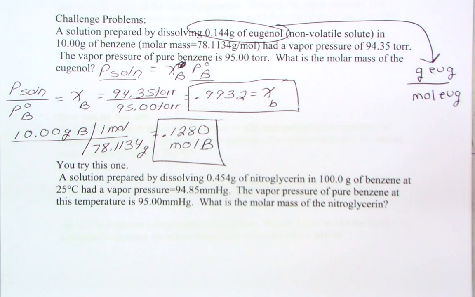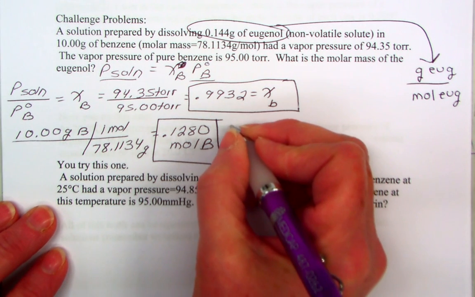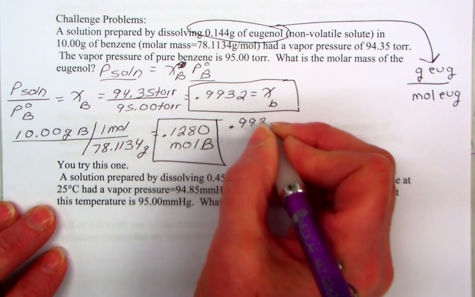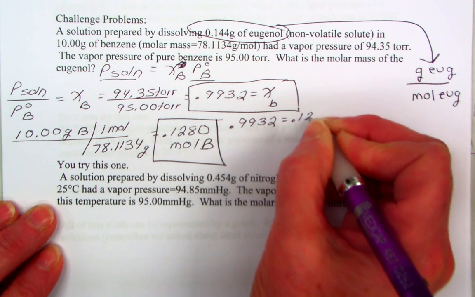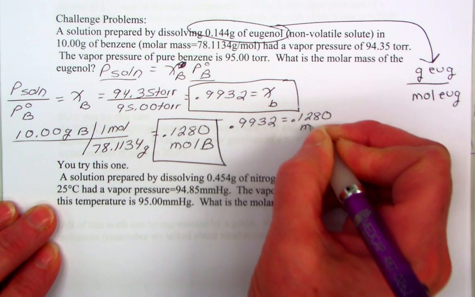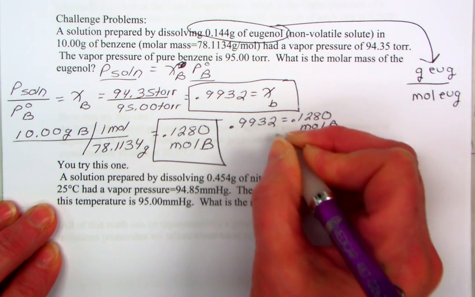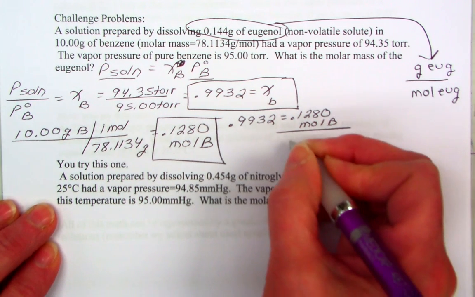And I know the mole fraction of benzene. But what I want is the moles of eugenol. So how can I use the mole fraction and the moles of benzene to find the moles of eugenol? This is the challenge part. I know that 0.9932 is equal to the moles of benzene, 0.1280 moles of benzene, divided by the total moles, right?